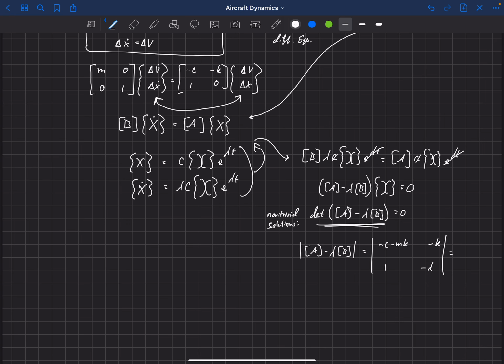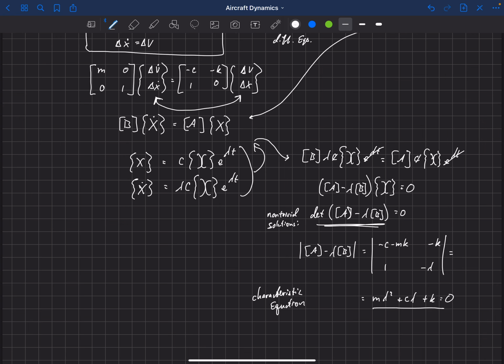So if I take the determinant of that, what I get is M lambda squared plus C lambda plus K equals 0. Okay, so I've actually ended up with the identical equation. This is called the characteristic equation. I've ended up with the identical equation that I did in the previous video when we solved this using a different method.